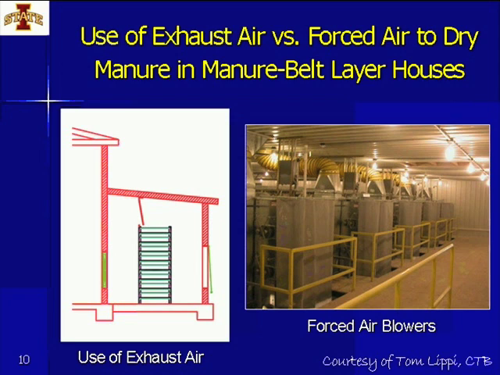In this case, the one to the right, the forced air blowers, is fairly typical, where they recirculate the internal air over the manure belt to dry the manure, so that the manure will be easier to handle for transportation and storage. The one on the left side is used to exhaust air, basically using the residual heat to dry the manure. Obviously the left one saves energy, but you do need to have an additional drying chamber.